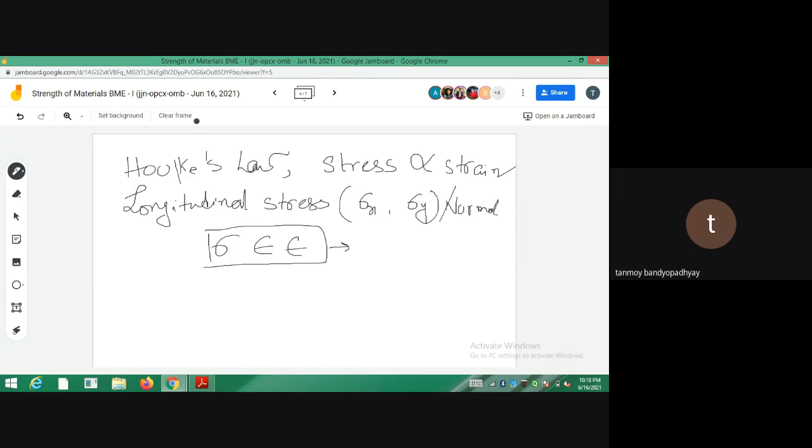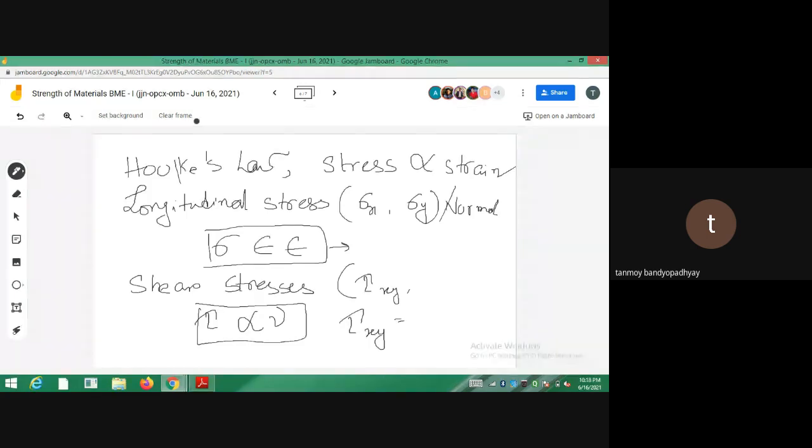And when we are considering the shear stresses, Hooke's law is valid for the shear stresses also. Shear stresses means tau xy, tau yz and all those things. In those cases, tau is proportional to gamma. That is why using Hooke's law I have written tau xy equal to, in this case the proportionality is different.